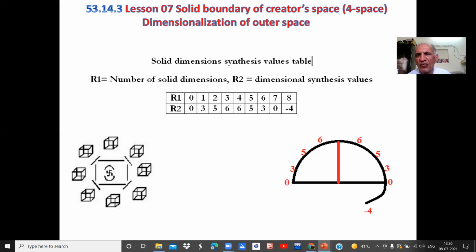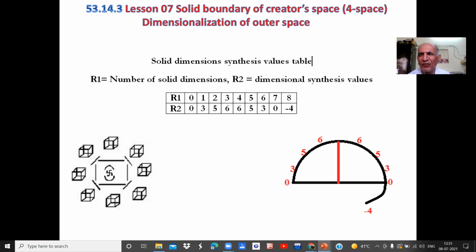It is here where we will be face to face with where the setup of solid boundary is taking us to, up till which point, what is the limitation, up till which it will take us to the positive values, and how from the eighth solid dimension, the eighth solid boundary component as a dimension will be yielding us the value -4.